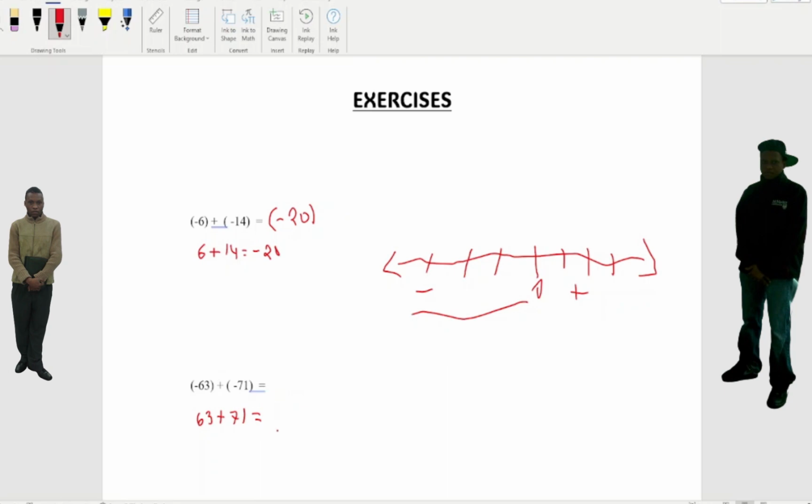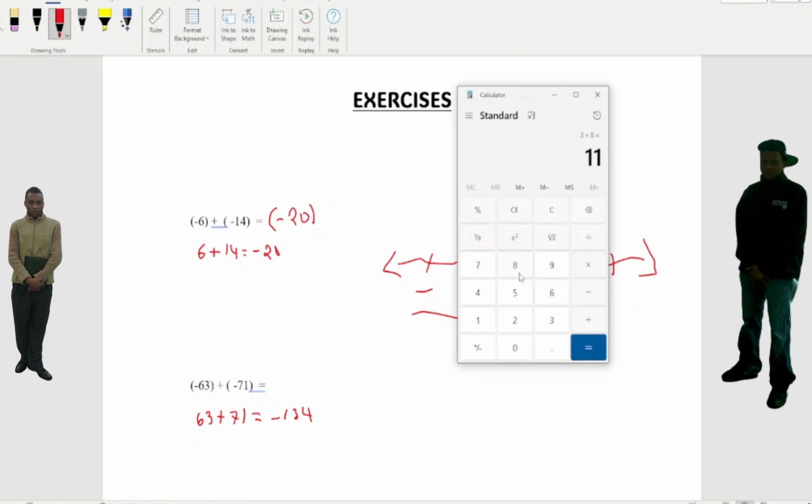It's gonna be minus 134. In case you don't get it, if we write 63 plus 71 equal 134, with the minus, okay?